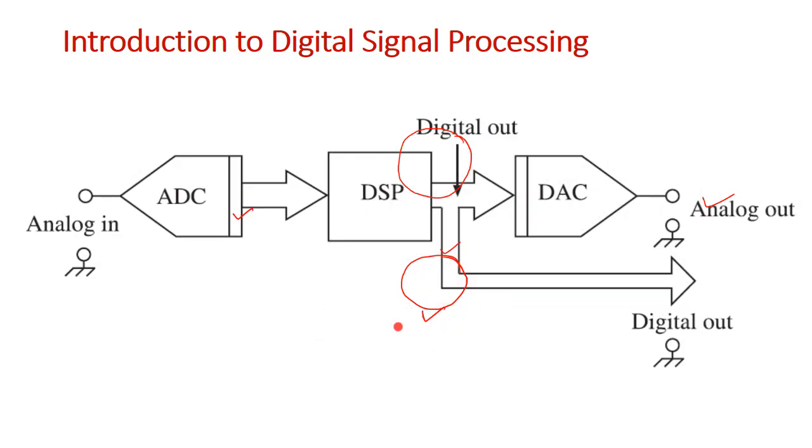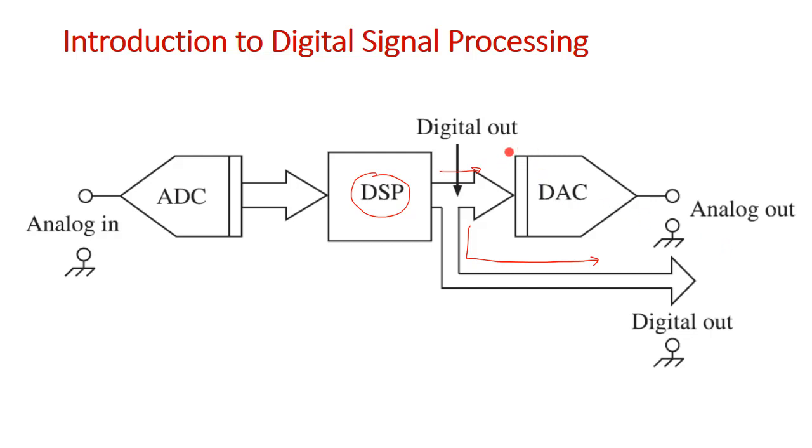Right, here you can see very easily the functionalities, how it is being used in the relaying scheme, right. Here the analog signal is fed through the ADC to the DSP processor, right, and this DSP processor gives the digital output, so this digital output can be fed directly to the required system.